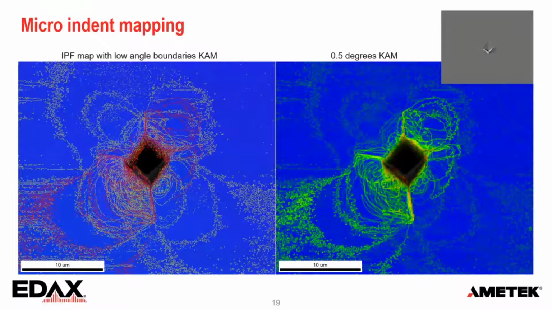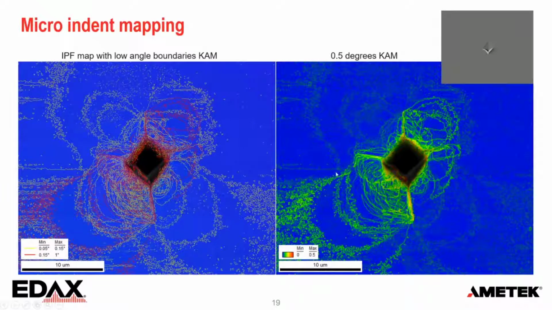Now, because of the sharpness of these bands and these diffraction patterns, you can also get a very nice orientation precision. So here I have a map on a micro indent, and you can see in yellow the low angle boundaries, in red slightly higher angle, and here the cam map.